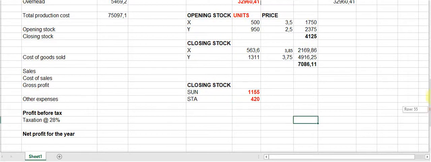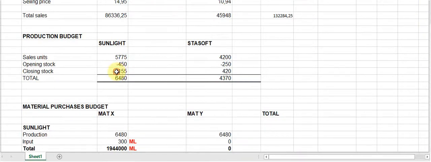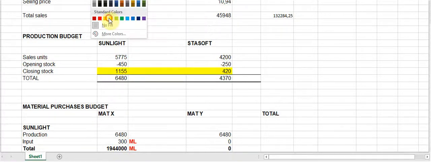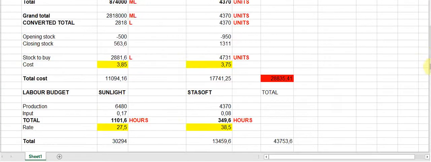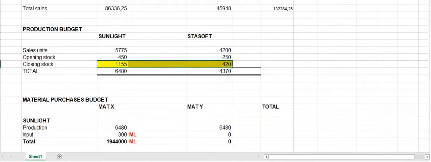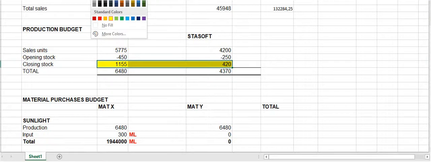So I got these units from where? From this line item. So I'm just going to again highlight it in the same color. Let's do yellow. Oh no, we've already used yellow, so let's rather make it, what have we not used? Blue.